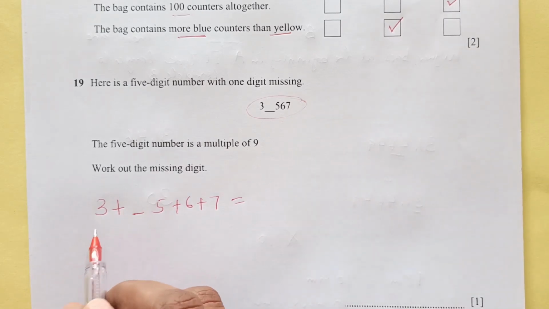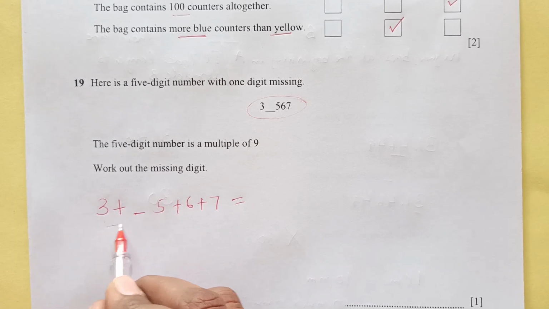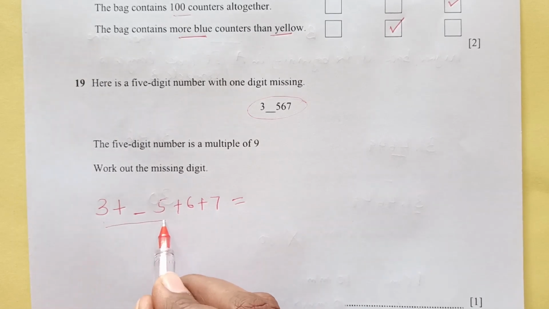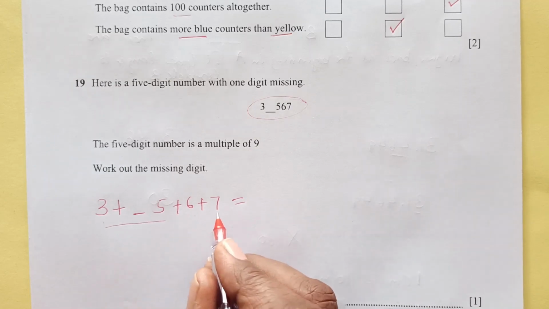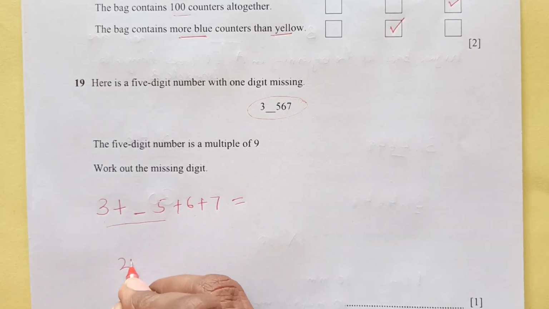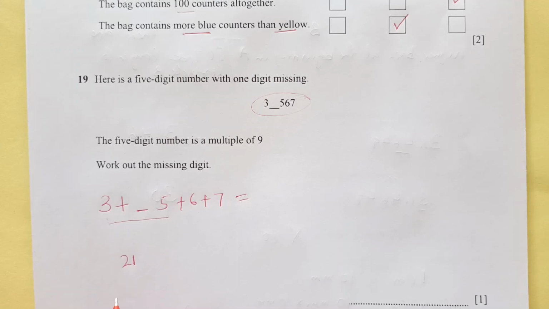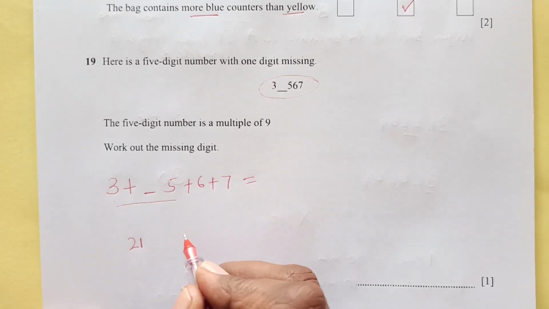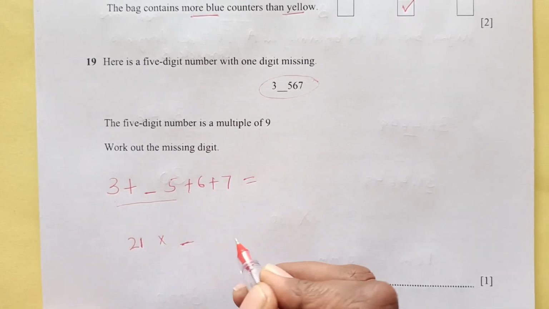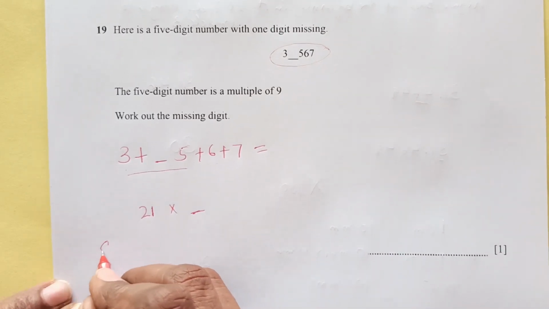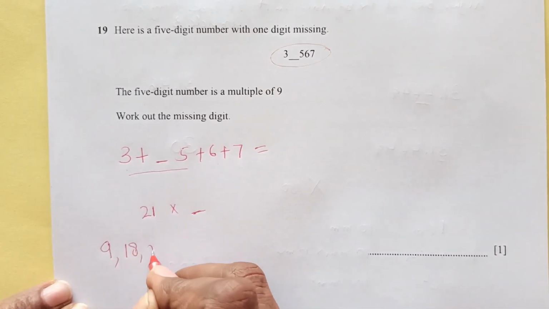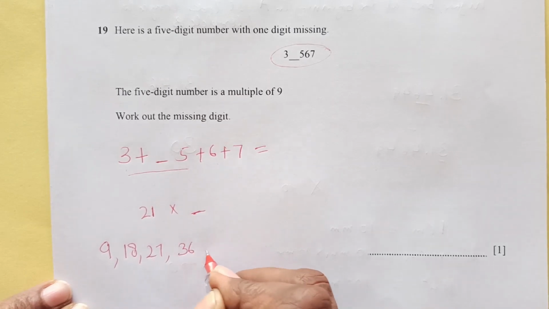So let's see how much this is. 6 plus 5, 5 plus 3, 8, 8 plus 6, 14, and 14 plus 7 is 21, which is not a multiple of 9. To make it a multiple of 9, let's see, in the 9s table we have 9, 18, 27, 36 and so on.